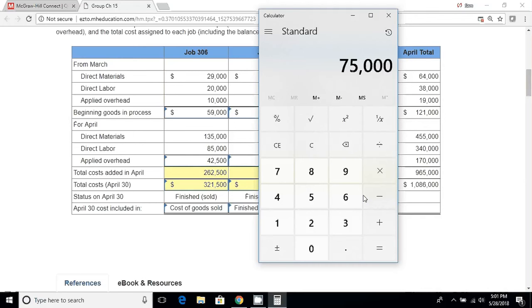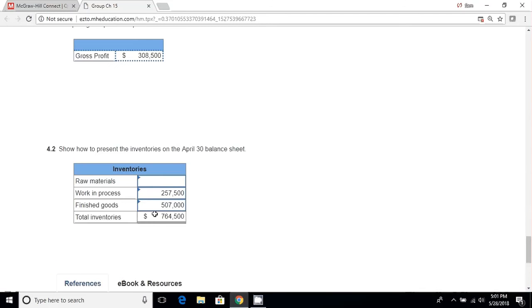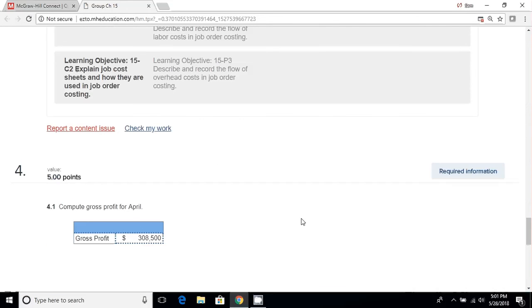Take away the 50,000 indirect material. Take away the 455,000 direct material, and we come up with a response of $75,000, and that is how we calculate our raw material, and that ends our group practice work for chapter 15.